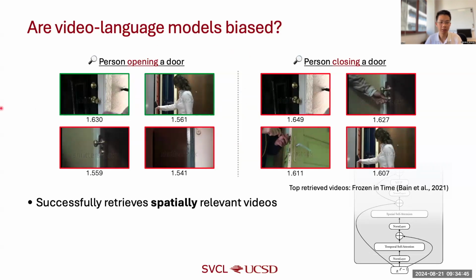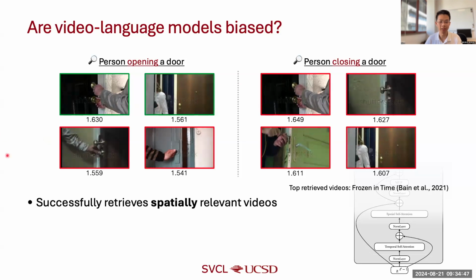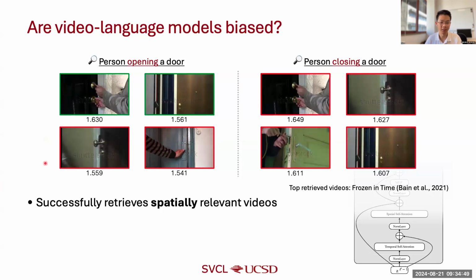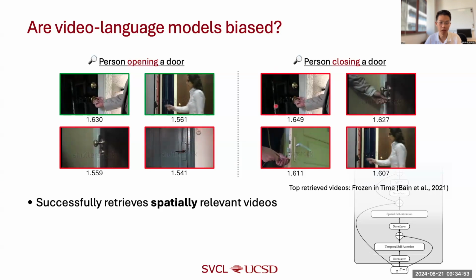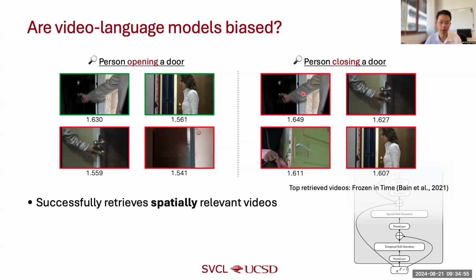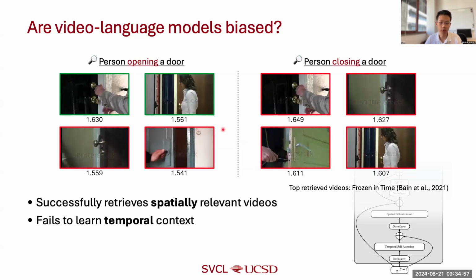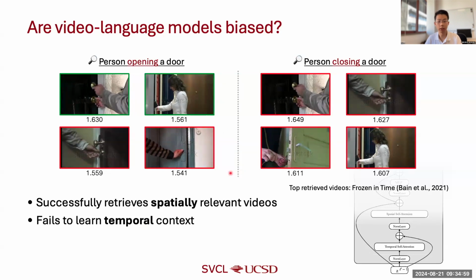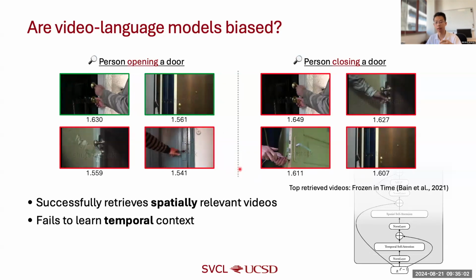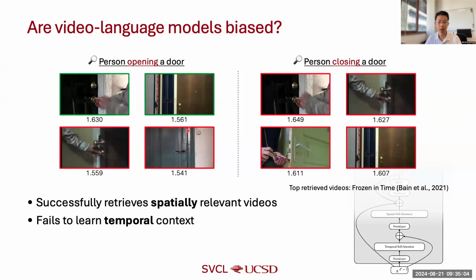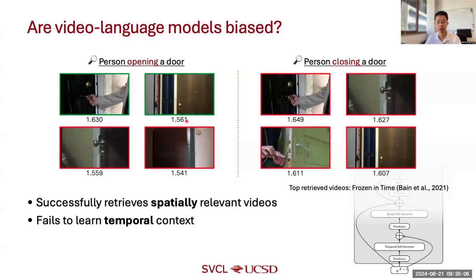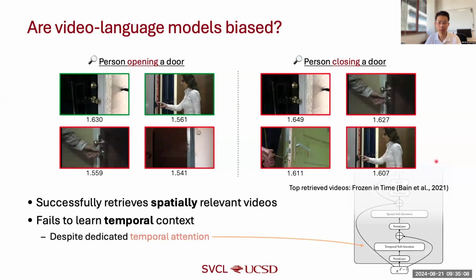But the model really struggled to differentiate between the queries of opening versus closing the door, and returns a very similar set of results regardless of the query. This shows that the model fails to learn the temporal context of the videos, which is somewhat surprising since the model itself has dedicated temporal attention in its transformer backbone.